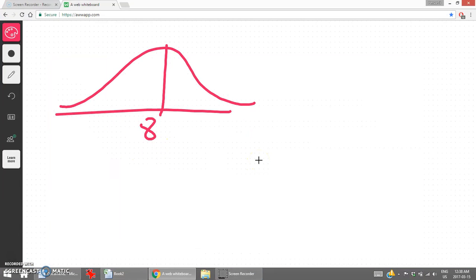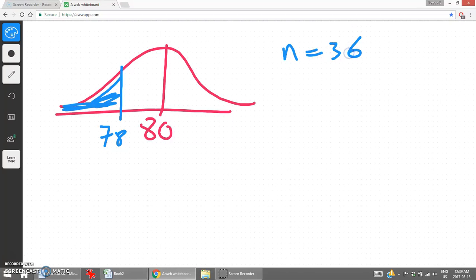What we know is that it has a normal distribution with a mean of 80, and we want to know the probability that it is $78 or less. So there's 78. We want to know all of that area there. We know that the sample size is 36. The population standard deviation is 9.